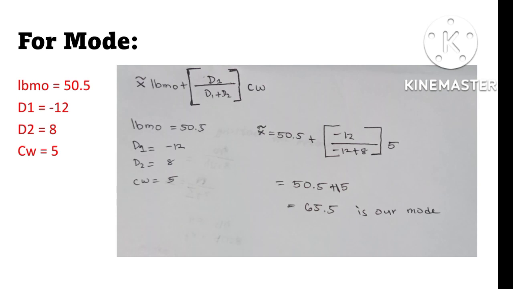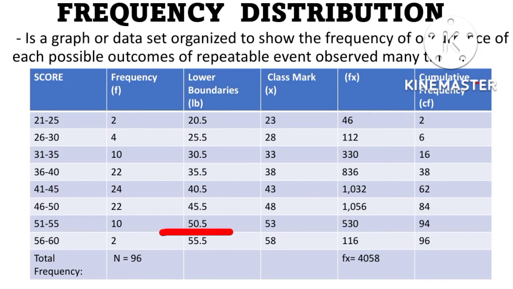Let us now solve for the mode. In finding the mode, we only need these four: the LB sub MO, D sub 1, D sub 2, and class width. We just need to substitute into the formula. Our LB sub MO is 50.5, since it is the lower boundary of the modal class.